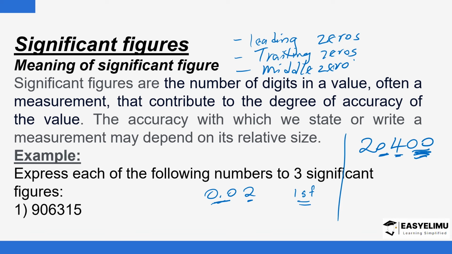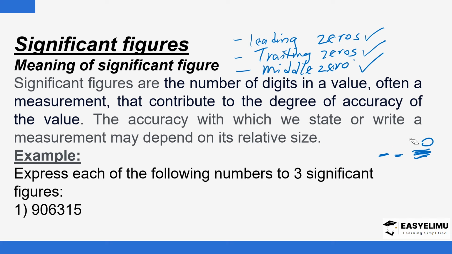So these three will determine whether the zeros are significant or not, and we're going to see how important that is. So whether the zeros we're having are leading zeros, that is on the left of the first non-zero digit, or they're trailing zeros or they're middle zeros. Of course, we say all non-zero digits are significant in a given number.